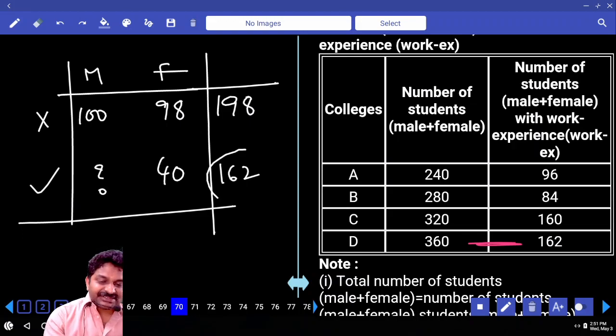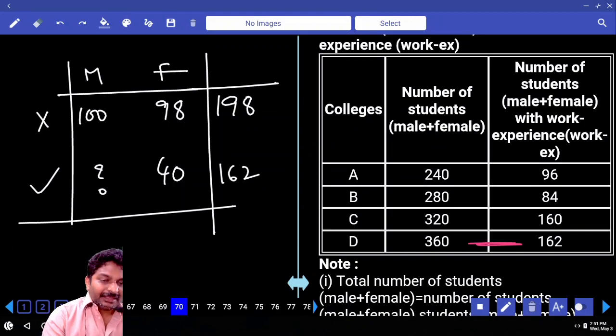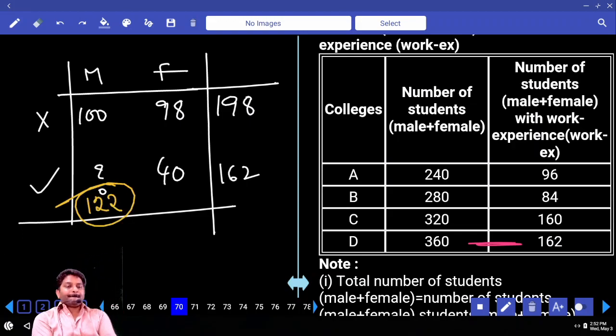So out of 162 people, those who got a job, if 40 are female, male are 122. The terminology is confusing. Freshers, experienced. Those who got a job, those who don't have a job. Right?